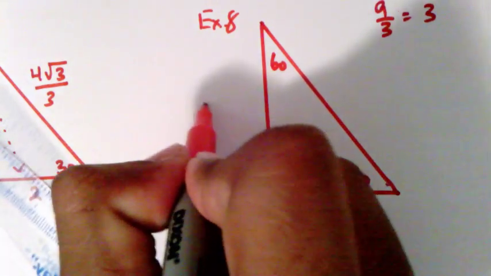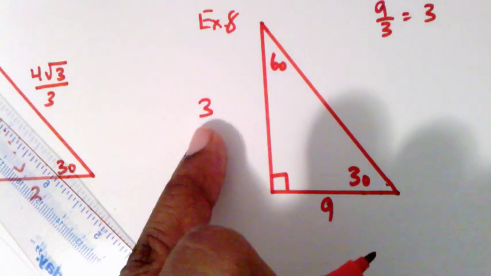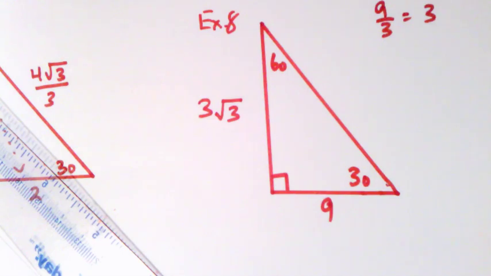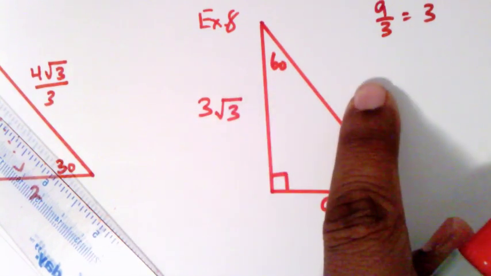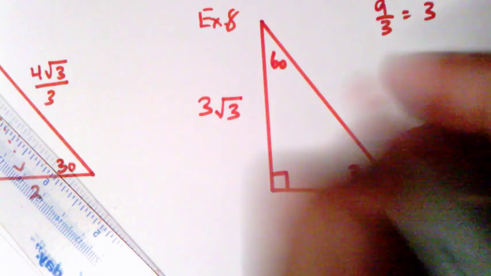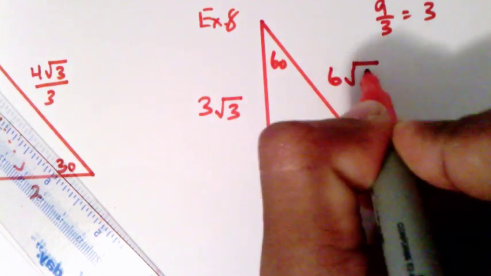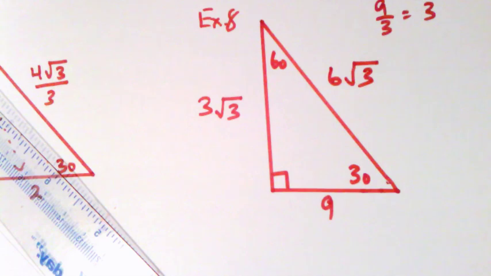So this would be a 3, but what do I do with this number? I have to add on a radical 3. Very easy. And now, if I want to find the hypotenuse, I'm going to take this and double it. That should be 2 times 3 radical 3, which gives me 6 radical 3. And that's it. So hopefully these examples help you. Let me know.